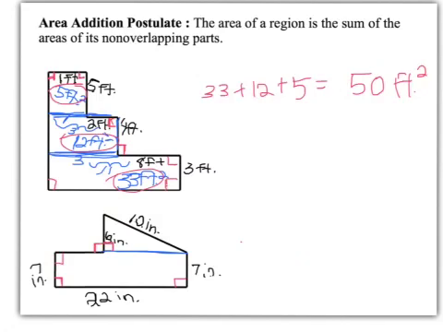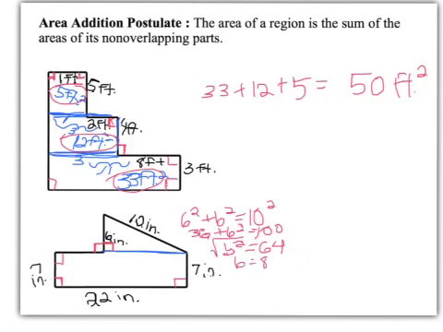The height is 6 inches, the hypotenuse is 10 inches, and we need to find the base. So a squared plus b squared equals c squared. We get 6 squared plus b squared equals 10 squared. 36 plus b squared equals 100. b squared equals 64, which means that b is 8 when we take the square root of both sides.